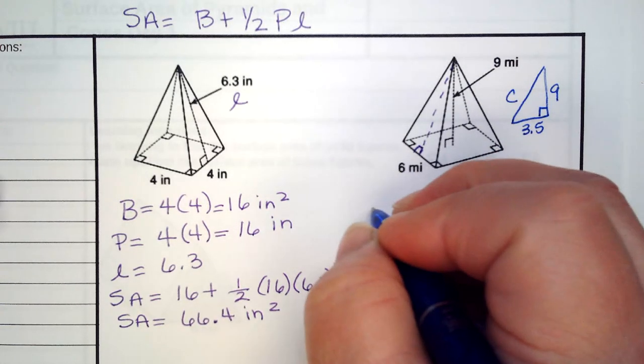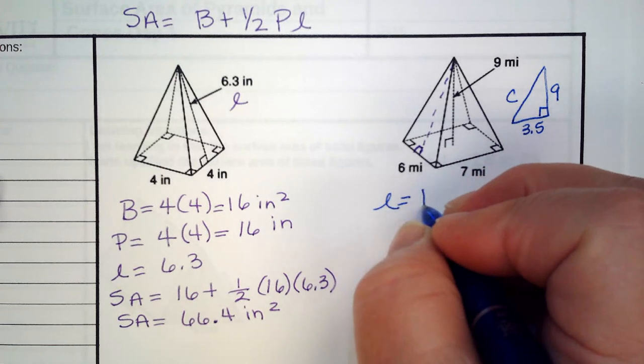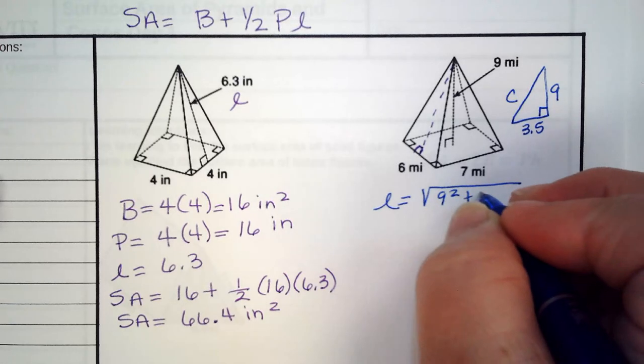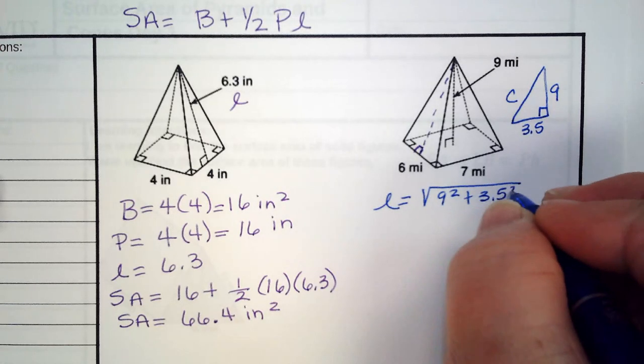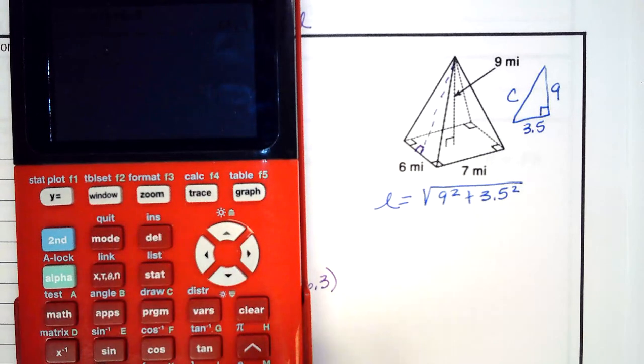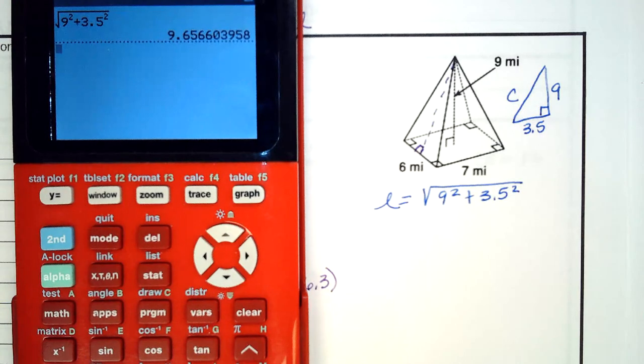So to find your L, you're going to take the square root of 9 squared plus 3.5 squared. And you end up with 9.6566. That's about 9.66.